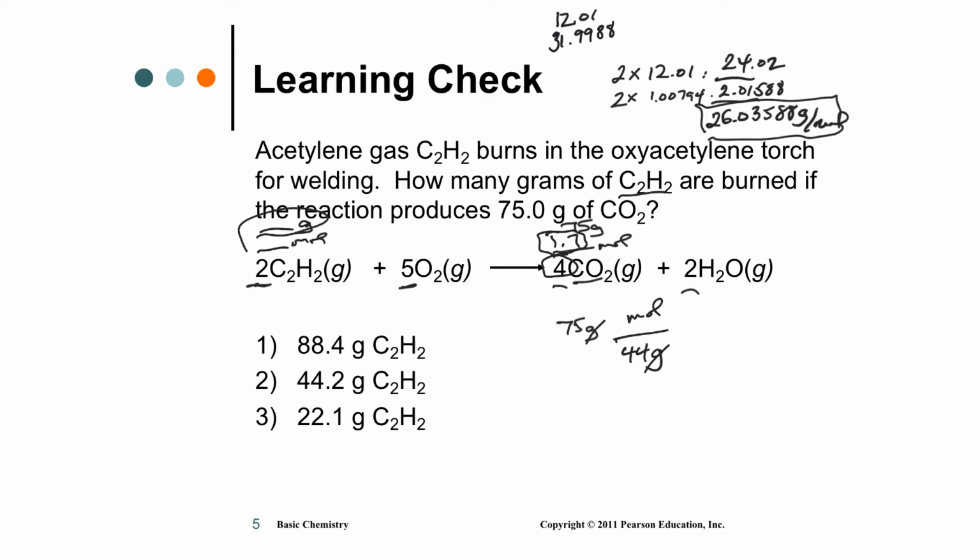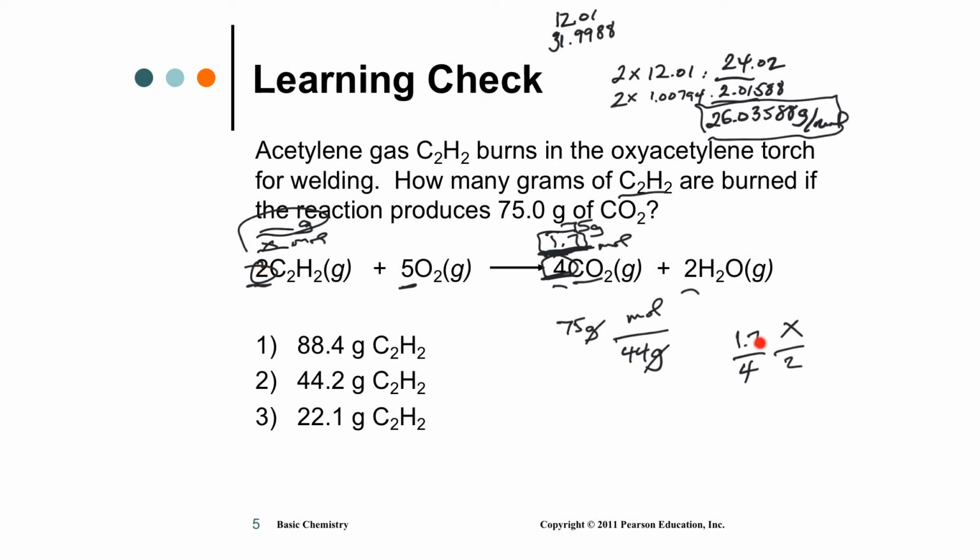Right now I've got 1.7 moles of carbon dioxide, and I'm going to do a ratio. 1.7 is to 4 as X is to 2. Do you see 1.7? 1.7 is to 4 as I don't know is to 2.